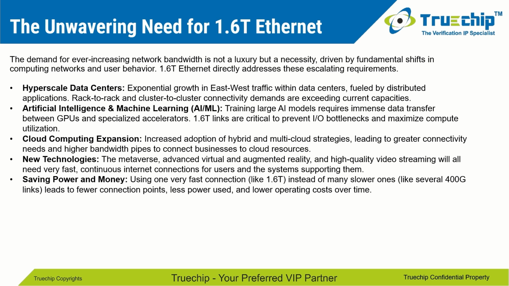The applications include hyperscale data centers, which involve rack-to-rack and cluster-to-cluster connectivity, and artificial intelligence and machine learning, in which training large AI models requires immense data transfers between GPUs. Next, many use cases rely on expanding cloud computing infrastructure and the introduction of new technologies like metaverse, augmented reality, and high-quality video streaming. Another use case is saving power and money by replacing multiple slower Ethernet connections with fast ones like 1.6T.